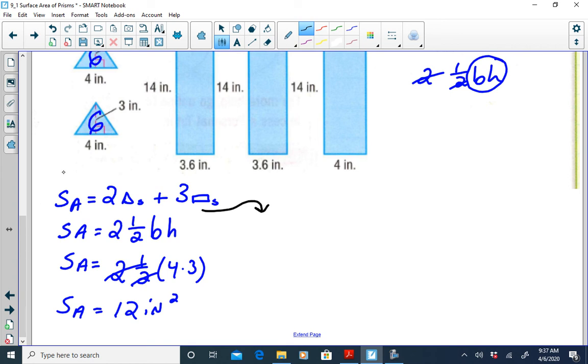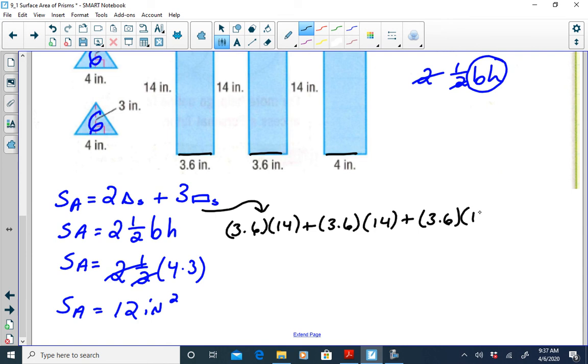So my 3 rectangles are going to be, well, let's see. Because we have an equilateral triangle, that means all of these bases are the same, right? And all of these measurements are the same as well. So the 3 rectangles are all going to be the same. So that's going to be 3.6 times 14 plus 3.6 times 14 plus 3.6 times 14.